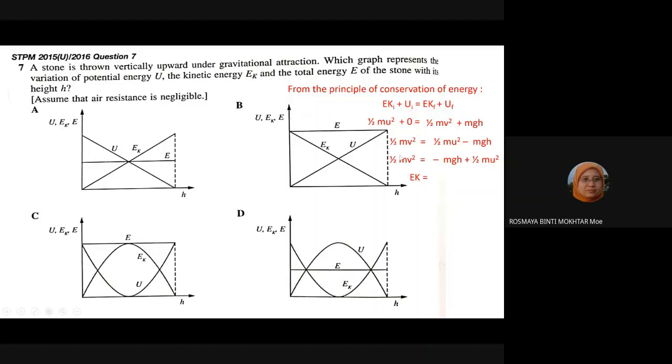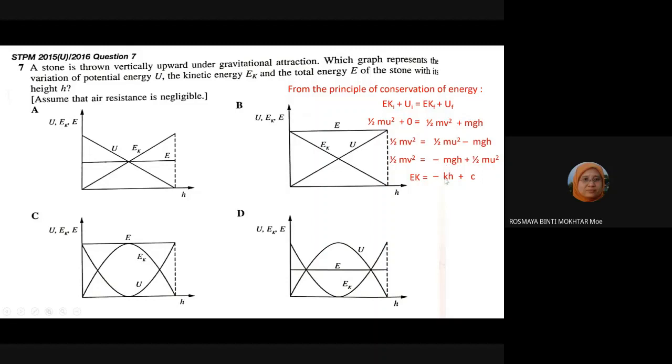So this means kinetic energy at any position, because it depends on v, and at any position v changes. Now mg is constant, so I just write k, so that this value doesn't disturb you later when we relate it with the graph.